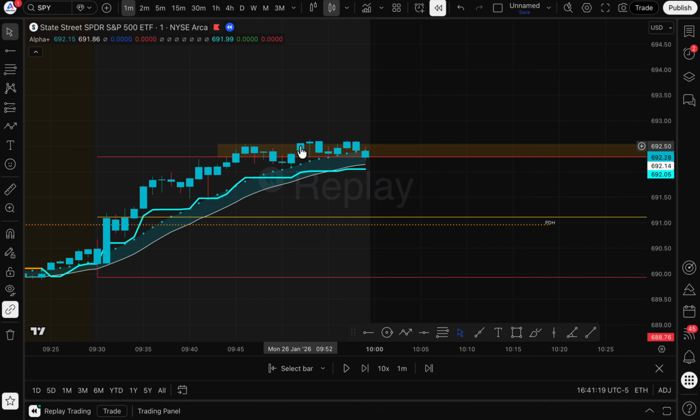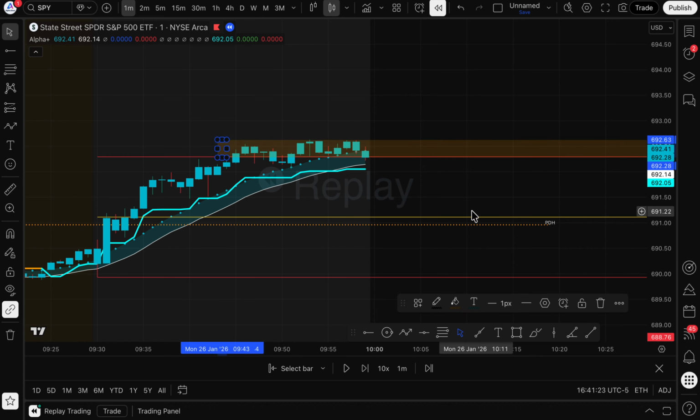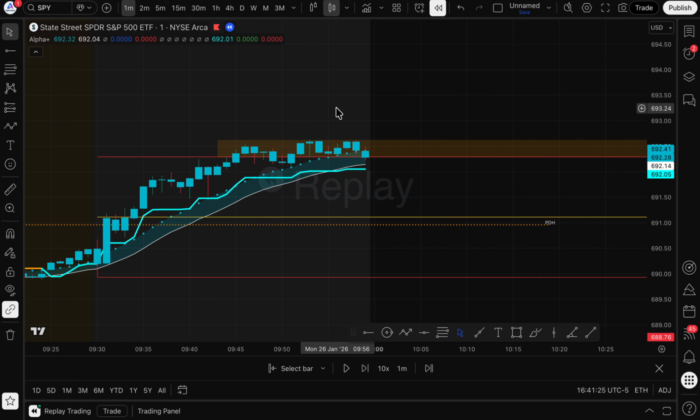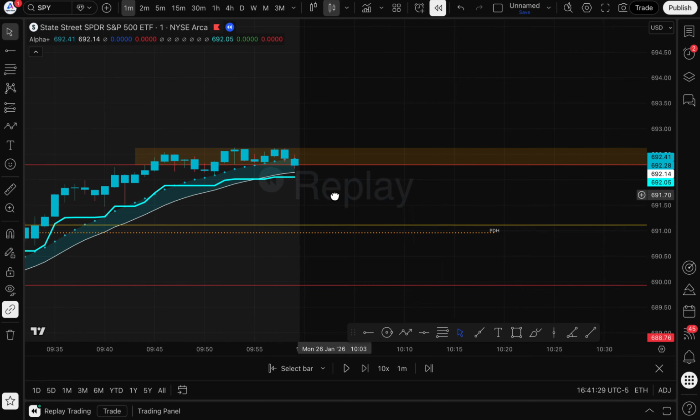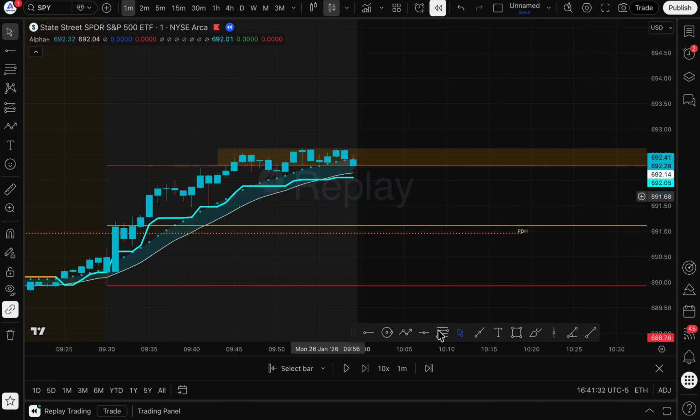If it gets rejected a little bit higher here, I'll move it up. I'll adjust it until this gray phase gets done. Pretty much what I'm looking for is it to reject, come down, come back up here, hit around right here, maybe come down to here, and then a body close above this, and that would be my entry.